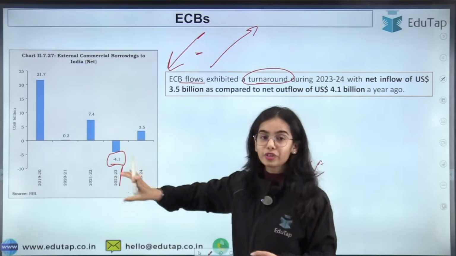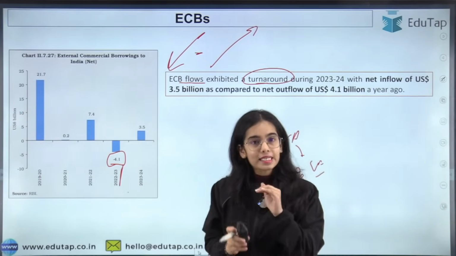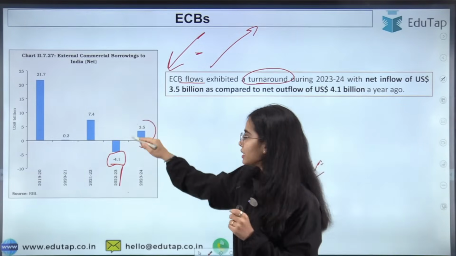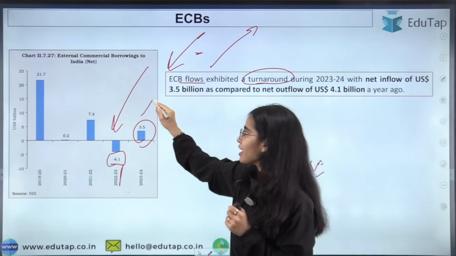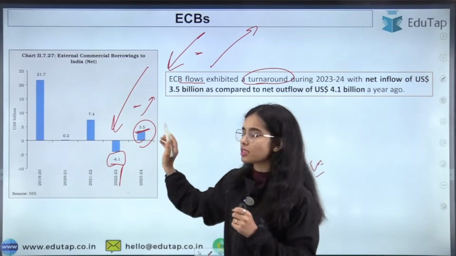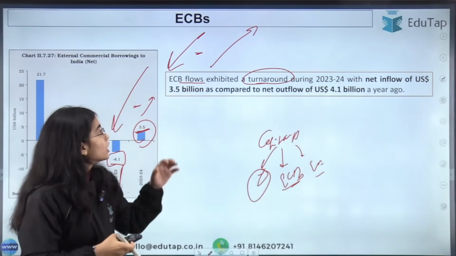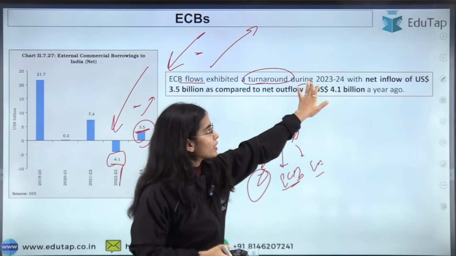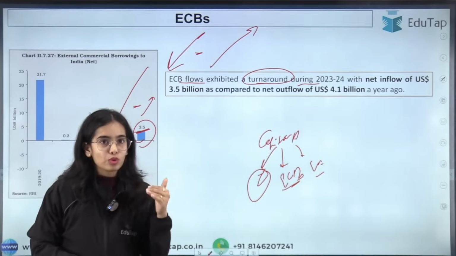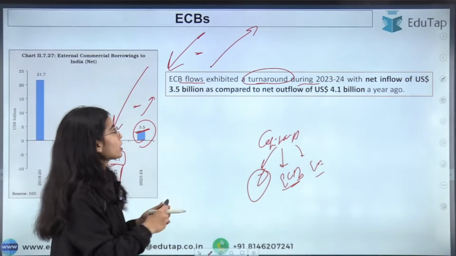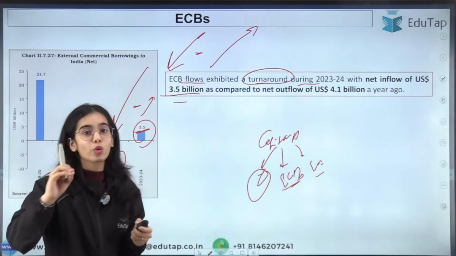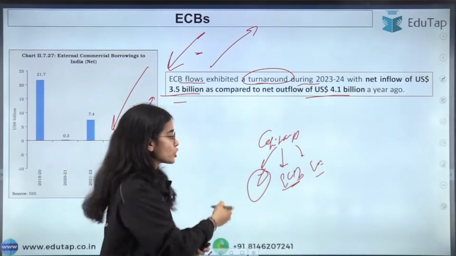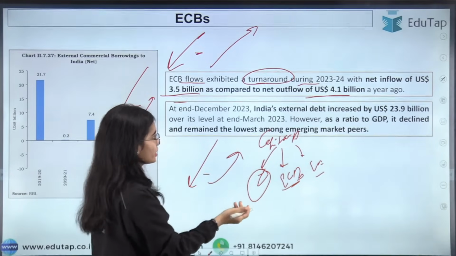But in this year we have borrowed more and lent less, so there is a positive 3.5. So ECB flow exhibited a turnaround during 2023-24 with a net inflow of US dollar 3.5 billion as compared to a net outflow of US dollar 4.1 billion a year ago. So how much is coming in minus how much is going out, that we can understand.